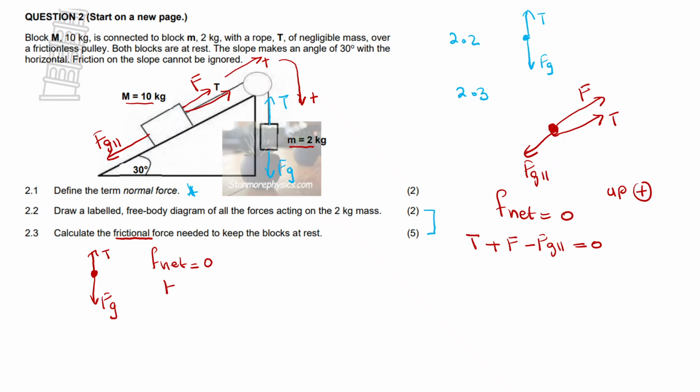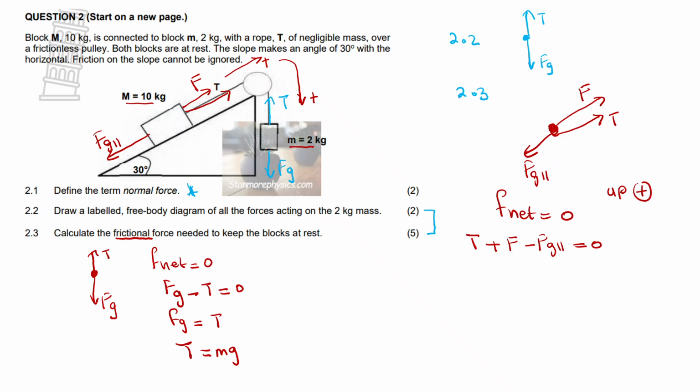We take all the forces that are going down, we subtract all the forces that are going up. This is 0. So my Fg is equal to T. So the tensional force is just mg, because the weight is mass times the gravitational acceleration.